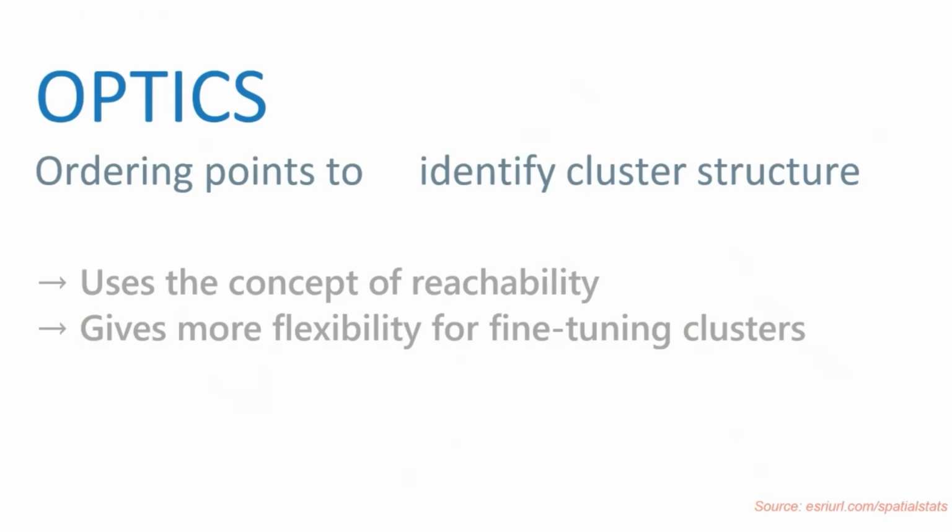The final algorithm is OPTICS, which stands for Ordering Points To Identify Cluster Structure. What OPTICS does is it takes all the points and orders your data set in a particular reachability plot, and each point is associated with a reachability distance.